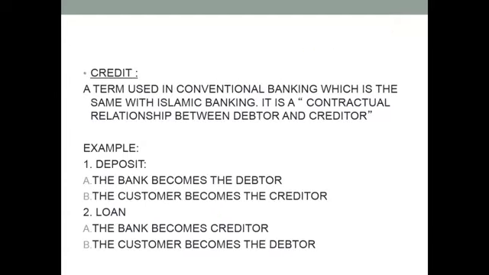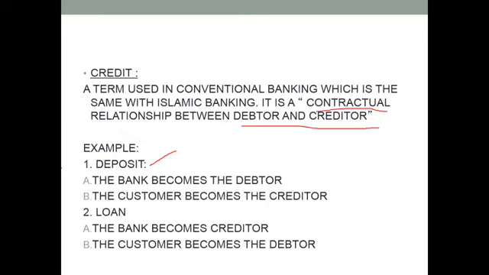In terms of credit, it is a term used in conventional banking, which is the same with Islamic banking. It is actually a contractual relationship between the debtor and creditor. Example, deposit. Look at deposit first. The bank becomes debtor, and the customer becomes the creditor.